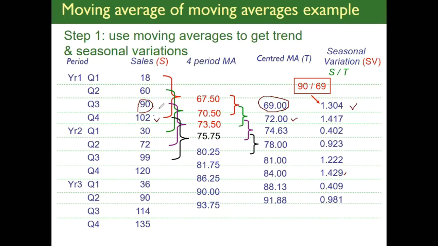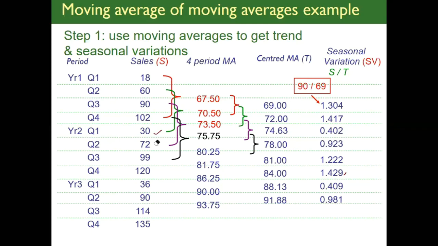And then when you come back to quarter number 1, if you pay attention, for quarter 1, average is 74, but actual value is just 30, which means that actual value is 40% of the trend line. So you just need to calculate the relationship between these actual values and the trend values. And now we move forward.